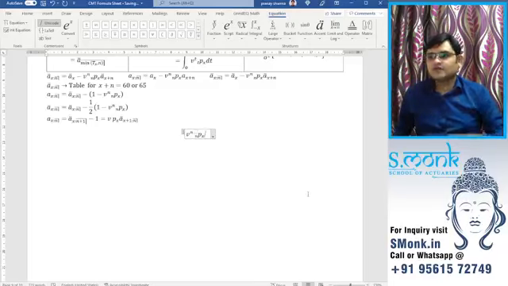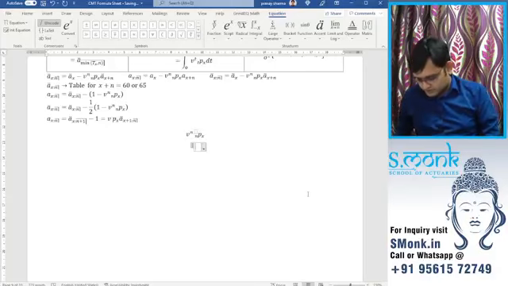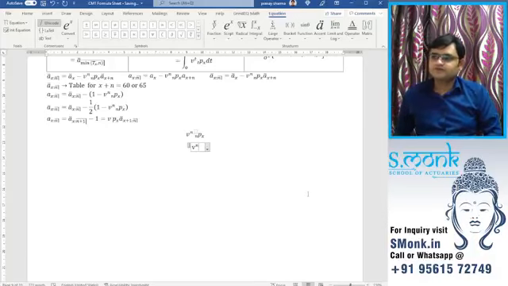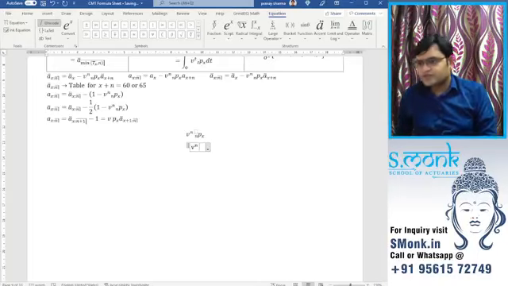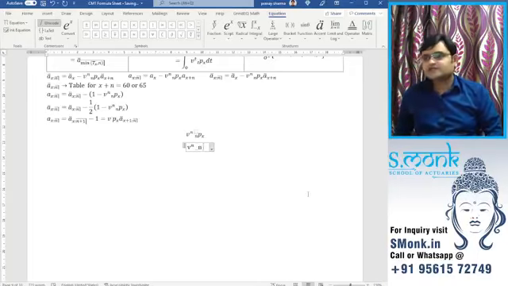This is one way of making npx. There is another way of making npx. Okay, so what you can do is, as we write v raised to n space, after that you can put a space underscore n, another space p underscore x, and now when you put space you will get that same npx.